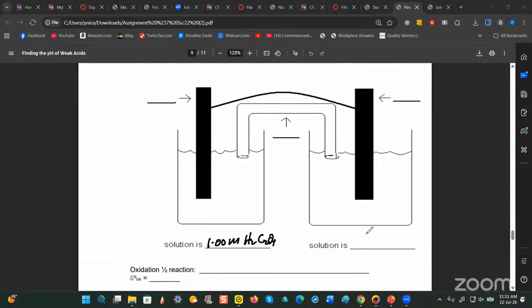And then the other solution would be 1.00 M Fe(NO3)3.